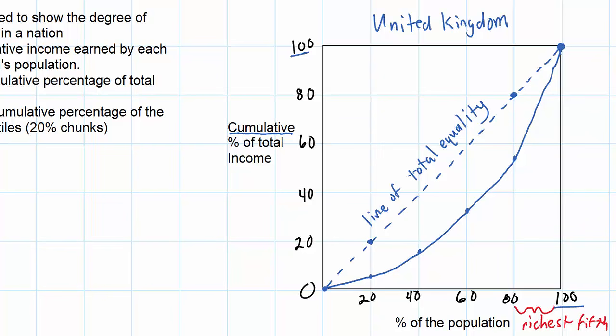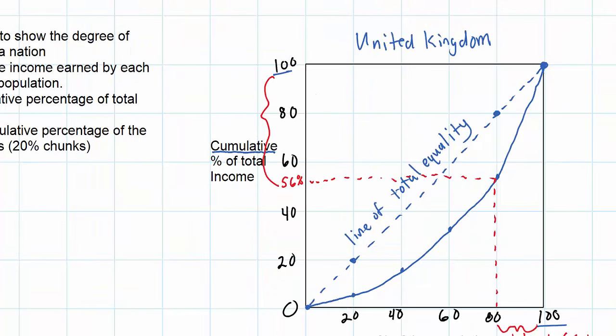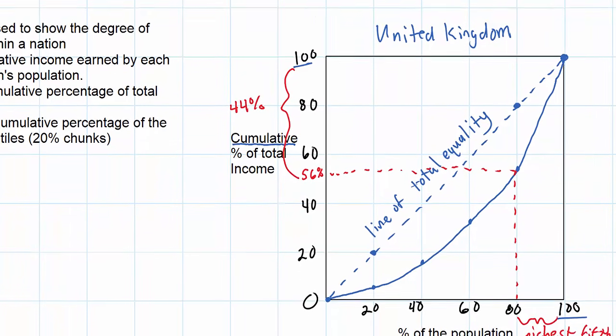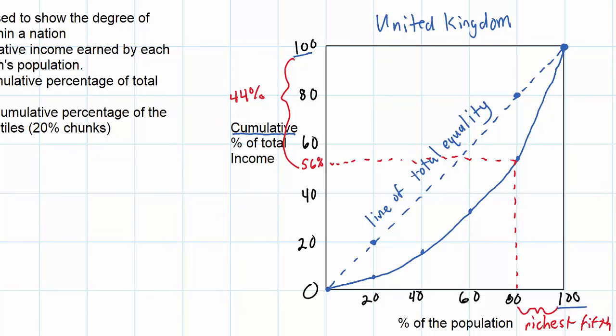All I have to do is go up to the Lorenz curve and over to the vertical axis, and I can see that this is around 56%, meaning that the top fifth have taken 44% of total income, leaving that 56% left for the bottom 80% of the British population.